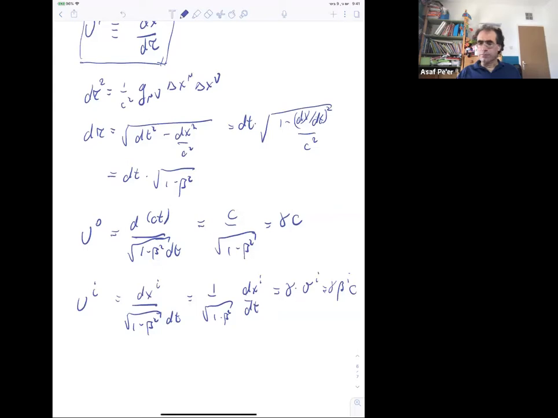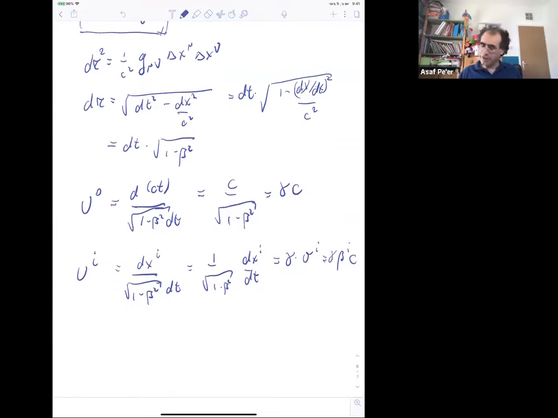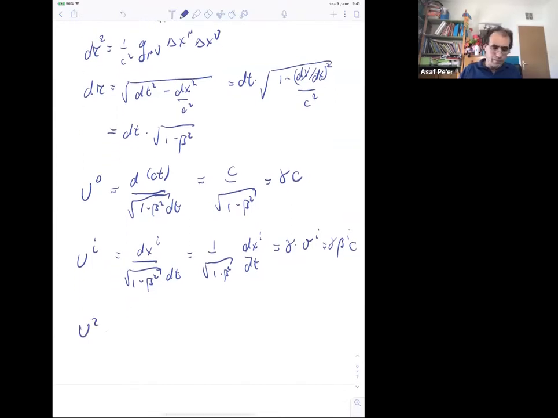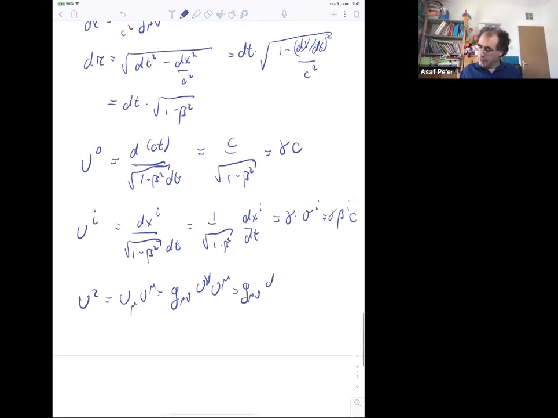What is the norm of this four-velocity? U squared is just g mu nu u mu u nu, which is g mu nu dx mu over d tau dx nu over d tau.